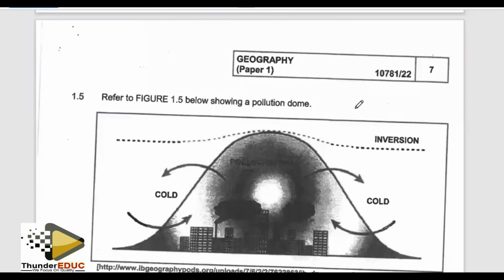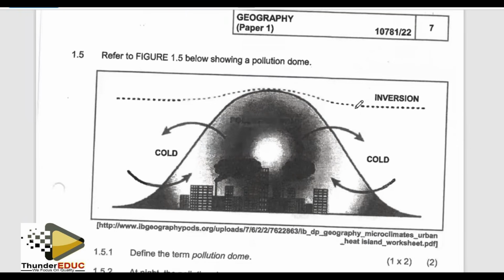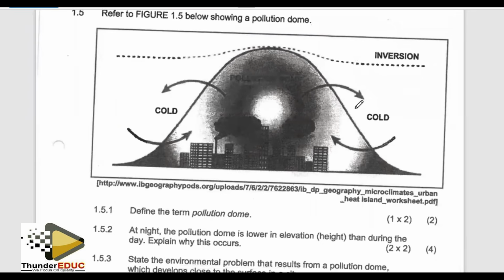1.5. Okay. Refer to figure 1.5 below, showing a pollution dome. So they say define the term a pollution dome. So you could say a mass of polluted air above the city. That's the pollution dome.